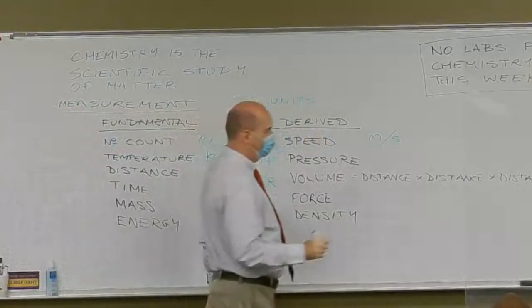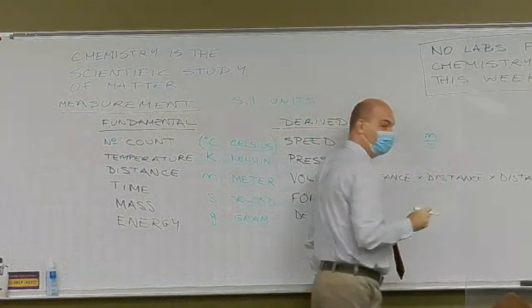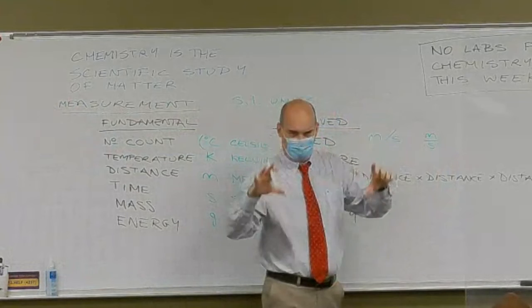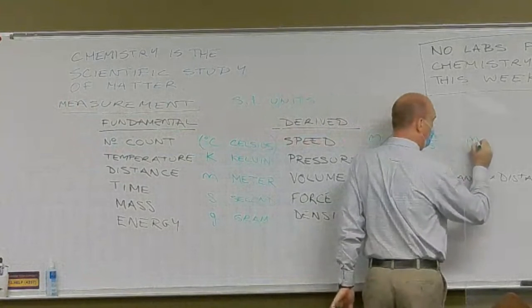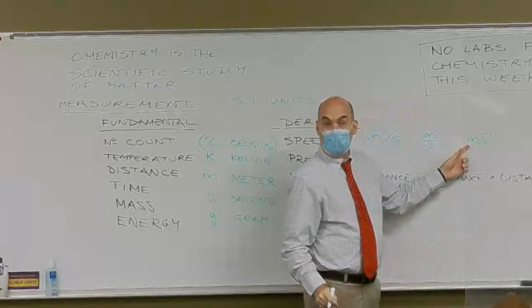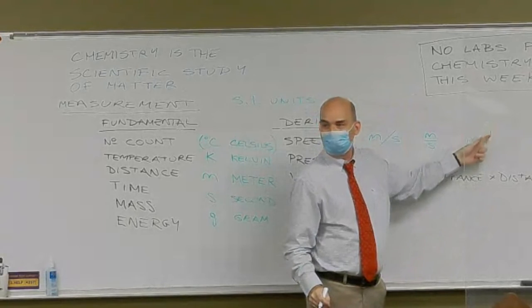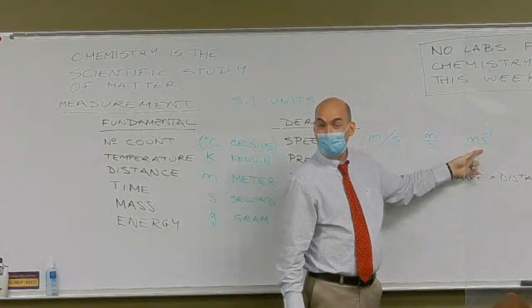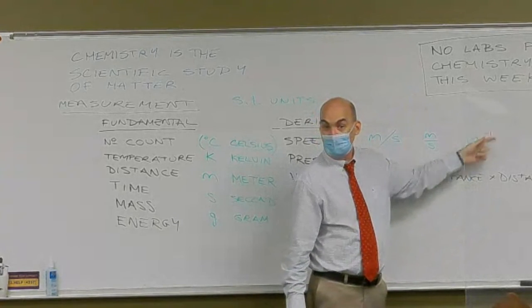Now, we have this little formatting thing that we do, that instead of saying meters over seconds, because that takes up too much space on the page, sometimes, not all the time, we do this. We multiply the two numbers together, but we've turned one of them into their reciprocal. So we're going to take the second, and we're going to raise it to the power of -1.